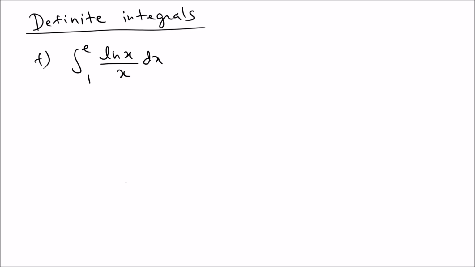That means we're going to pick this one as the inside function. And if you pick something else, it's not going to work. So we're going to pick u equals ln x, and then you can see du is simply 1 over x dx. That's already there. So that means this one you can write. Okay, what else? When you have numbers, you need to calculate the new values.